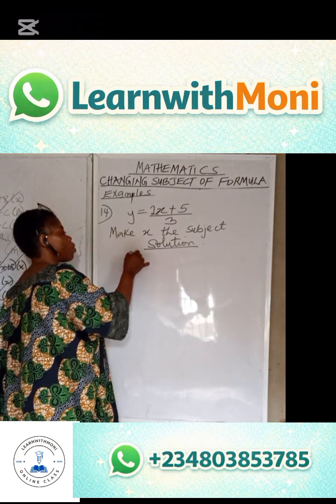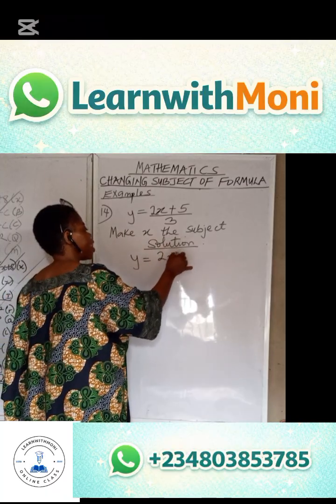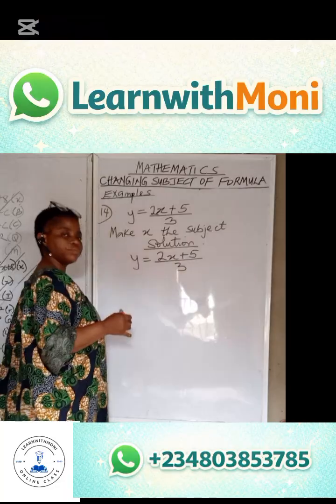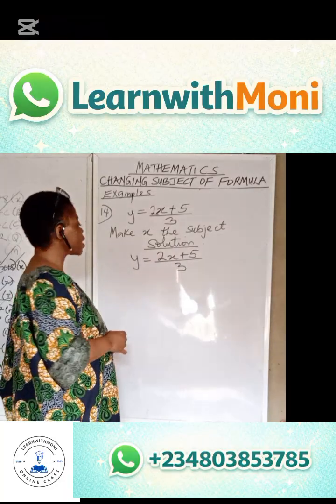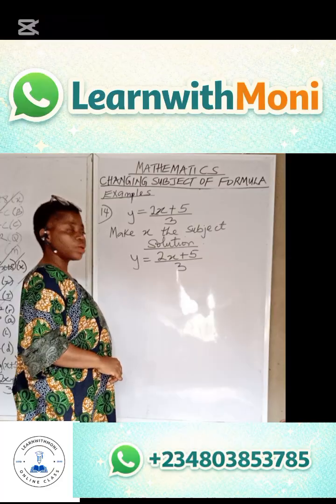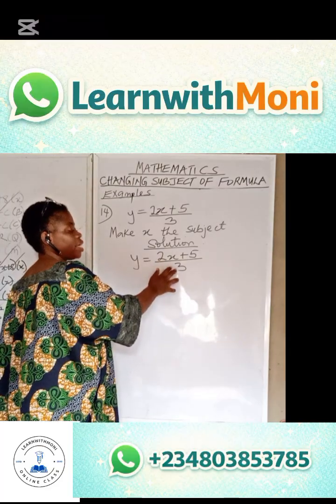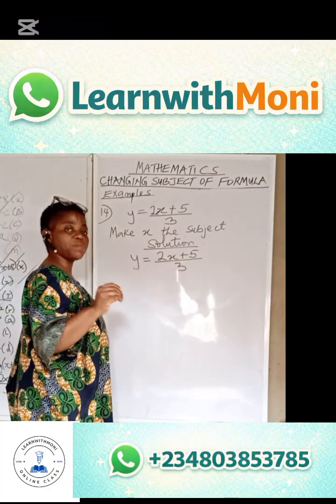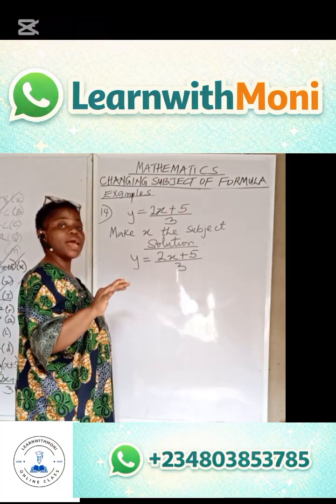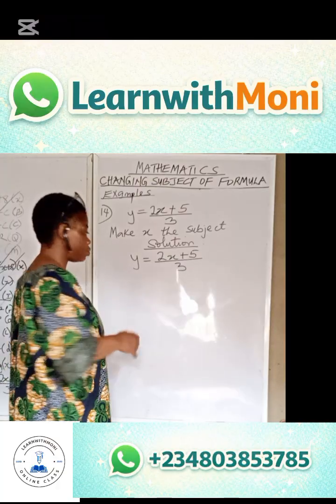We are given that y equals 2x plus 5 everything over 3, and we desire to make x the subject of the formula. Because I have a denominator here, I will cross multiply both hand sides so that I can eliminate the denominators.